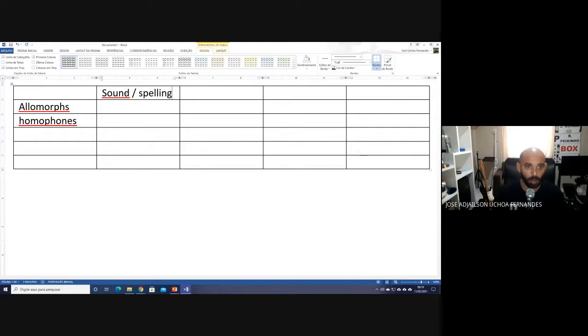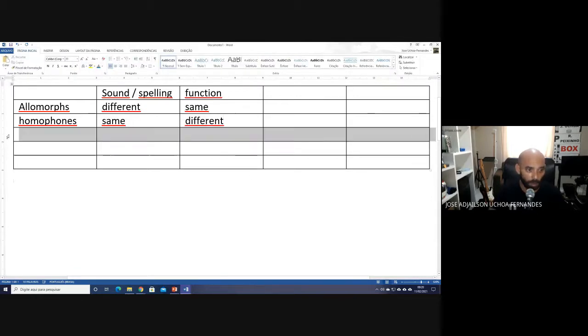I'll put it into this column. Function. So in allomorphs, sound and spelling can be different. Function, same. In homophones, the sound is the same. Sometimes the sound and the spelling, sometimes just the sound, sometimes just the spelling. They are the same, but the function is different.